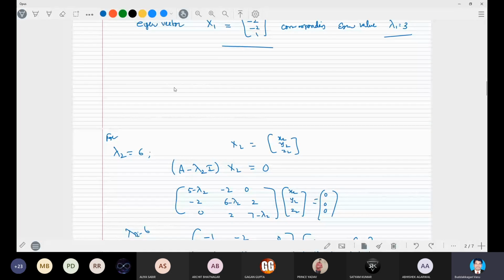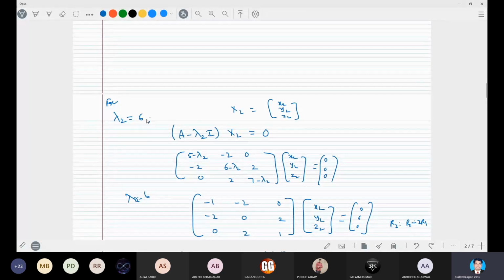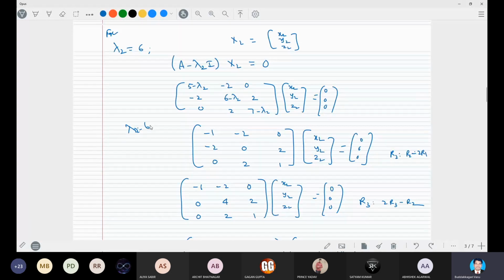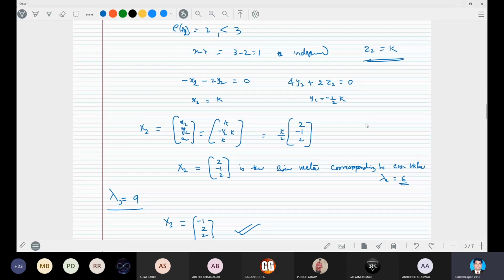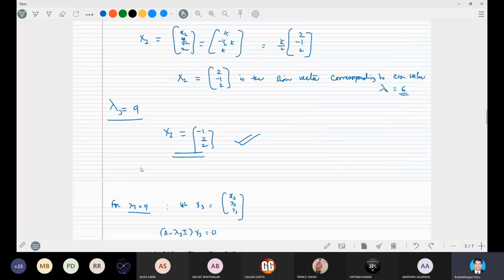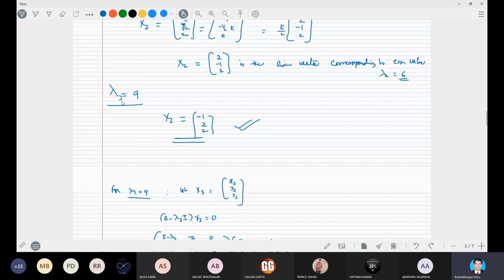In the same way, we can get it for lambda 2 is equal to 6, the second eigenvalue. For that also, you can get the eigenvector, that is 2, 1, 2. And similarly, for the third eigenvalue lambda 3 is equal to 9, we can get the eigenvector x3 equal to minus 1, 2, 2, right?